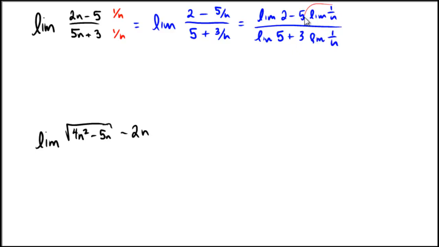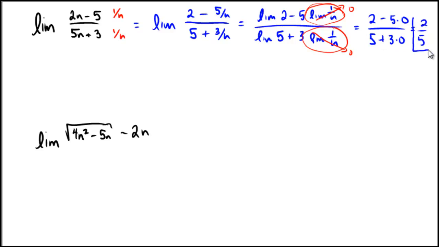Now we did show that the limit of 1 over n is 0. So what we're left with is the limit of 2, which is just 2, minus 5 times 0, over 5 plus 3 times 0. So of course that's going to end up being 2/5. So the limit laws give us 2/5 as the limit of the first one.